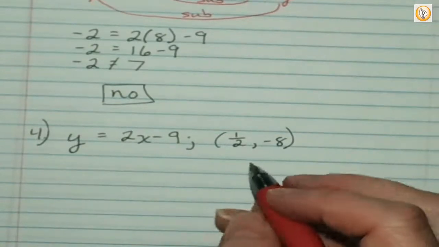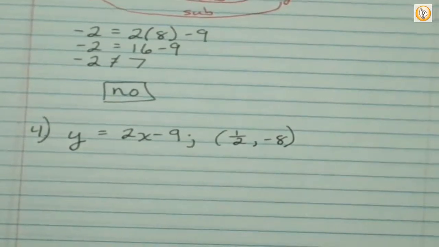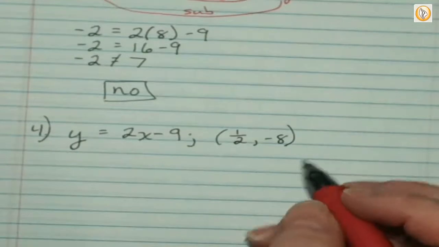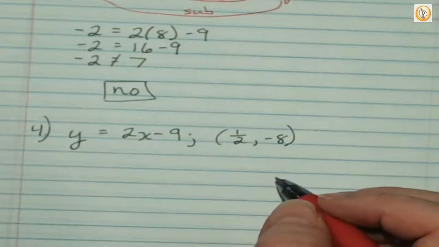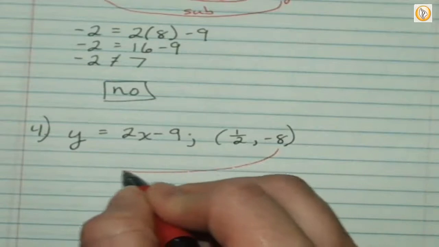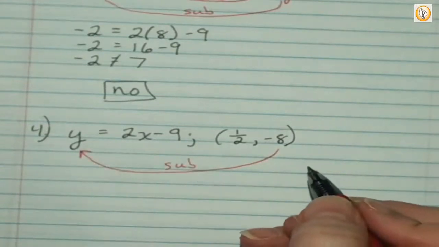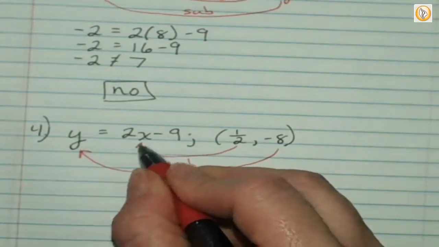Emily, what am I going to do? All right, what am I substituting? -8 is the y. Very good. Negative 8 is your y, and the half goes just to the x.